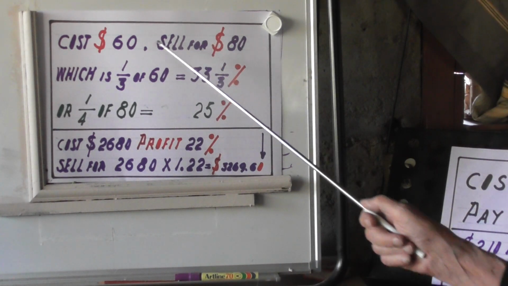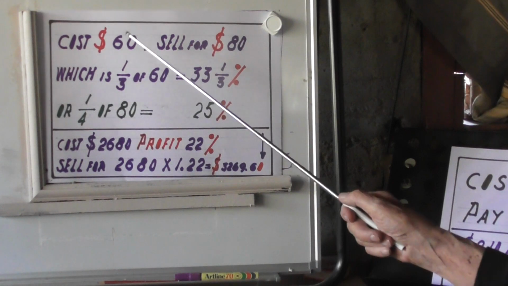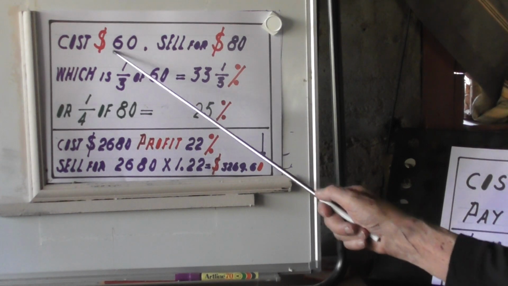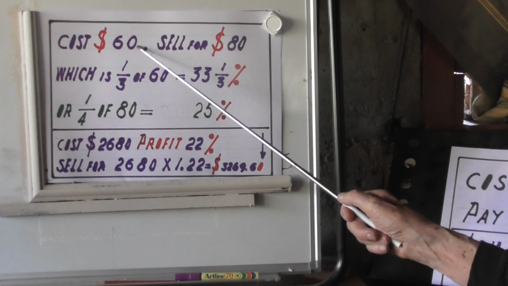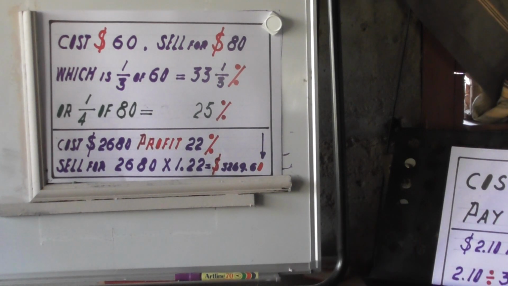So he makes a profit, 60, he makes a profit of 20, that is a third.